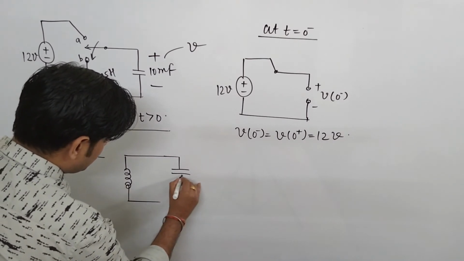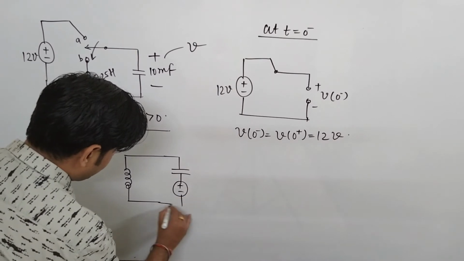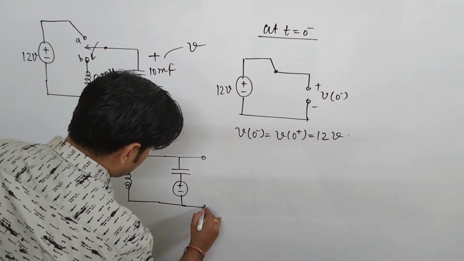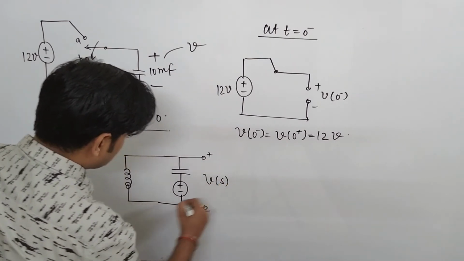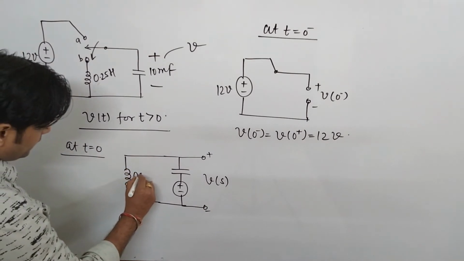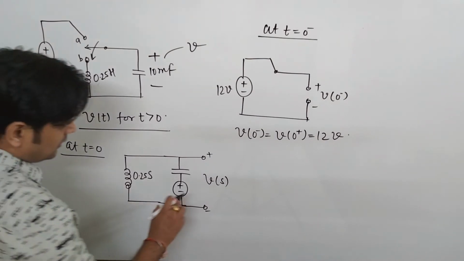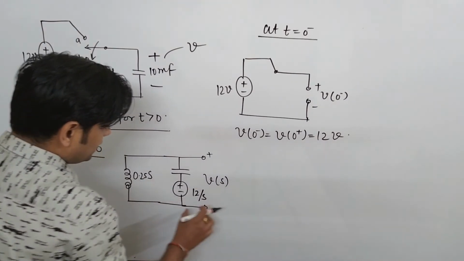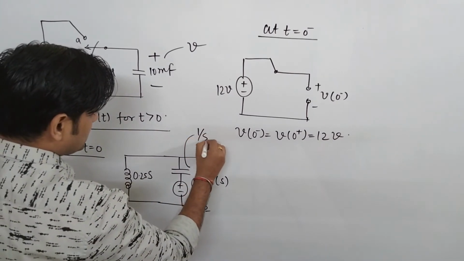But while drawing this circuit, we should keep in mind, we will directly convert into Laplace, and here the voltage which is present is Vs. Now this is SL, so you can say it is 0.25 S. This we have found as 12 by S. It is 12 volts, so it is 12 by S, and this value is 1 by SC.